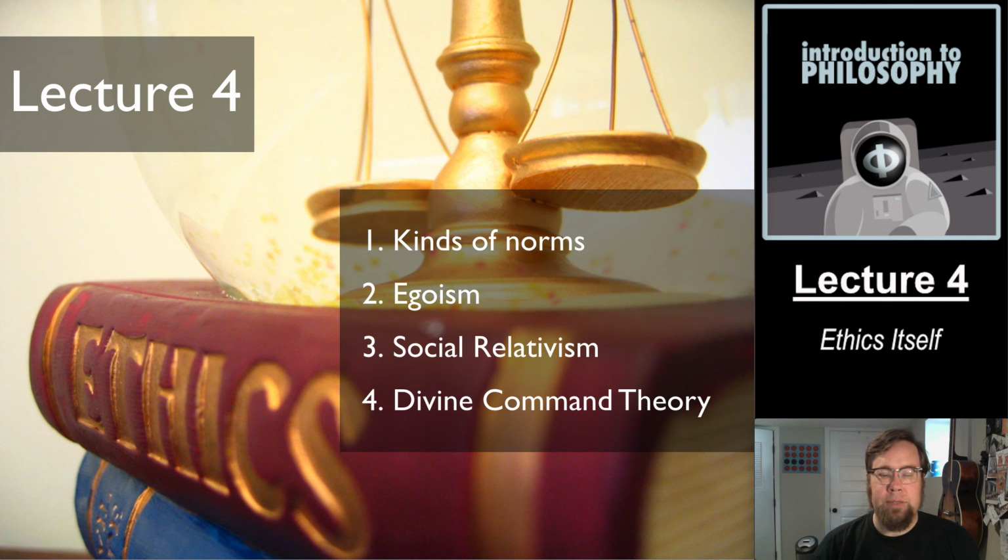So let's start wrapping it up here. So in this lecture, I've talked about 4 things. We started off talking about kinds of norms, and you should know now the difference between ethical norms and non-ethical norms. And then we talked about 3 kinds of approaches to ethics, all of which I suggested are kinds of relativism. There's egoism, social relativism, and divine command theory.